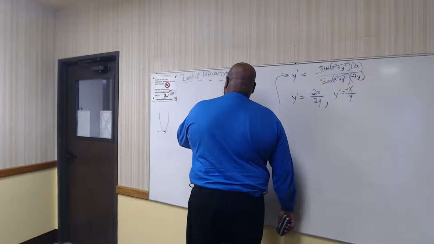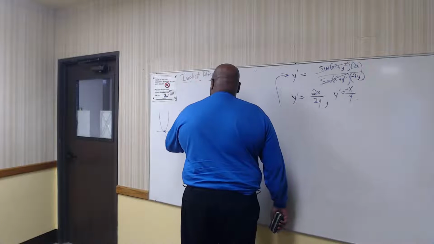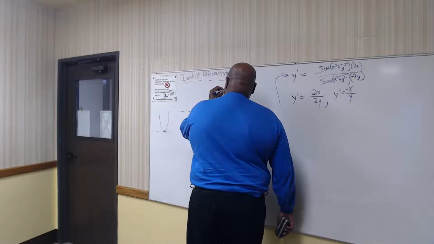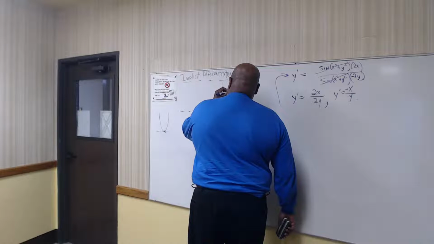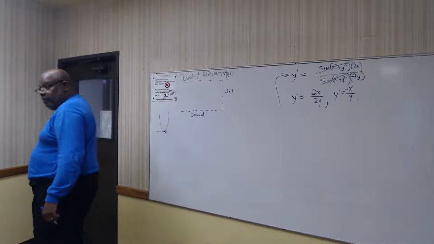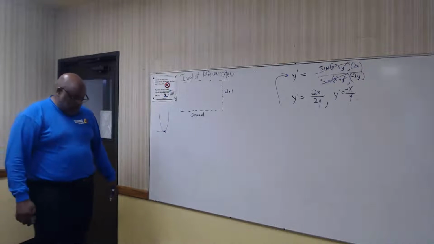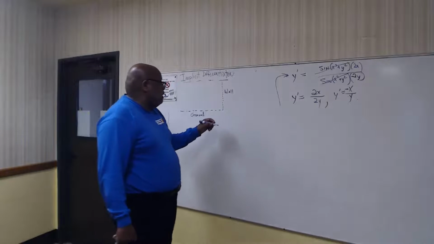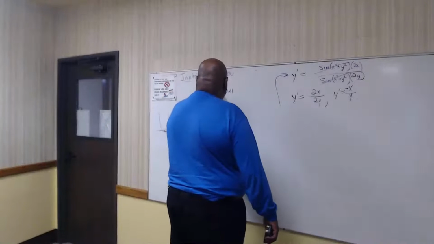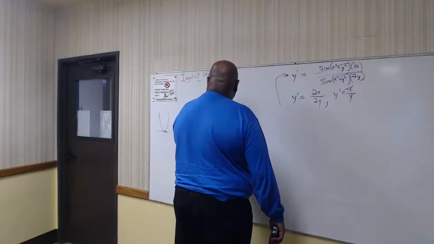So here's a wall here. Here's the ground here. There's a ground, there's a wall. Let's say the wall has a length of L1.